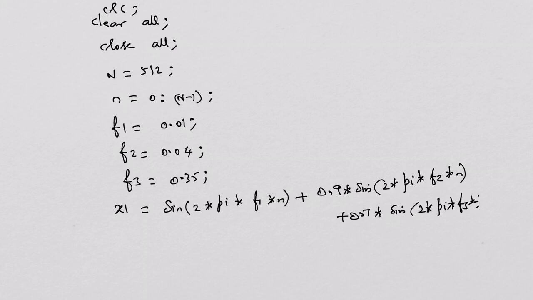Now the signal is generated with three components. So S is equal to, what is S? It's a random signal, randn, of dimension equal to the length of x1. Then only can I add both, so that x is equal to x1 plus S is the signal. Or you can even go for x1 plus 0.8 times S.